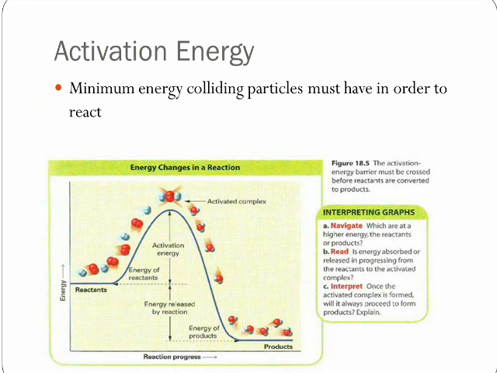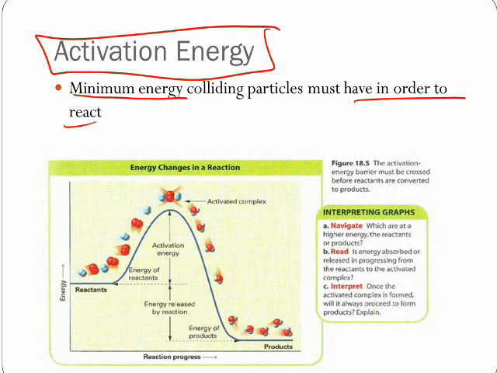Now that energy is the minimum amount of energy they must have in order to react, which is the activation energy. That activation energy right here, boom, that's it. That's the energy that those reactants have to have in order to become an activated complex, energized, then to become a product.